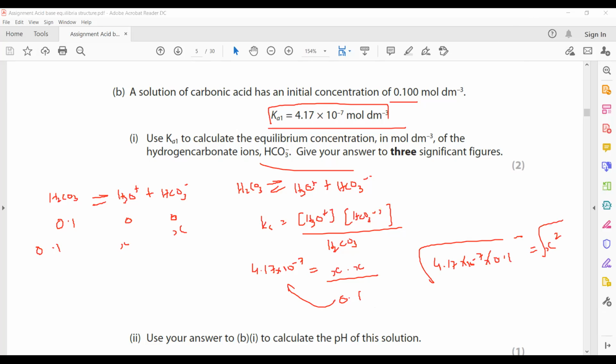The concentration x is basically the concentration of hydroxonium ion and HCO3- ion. Both have the same concentrations. The value of x is 2.04 × 10^-4, and that is the same for the hydrogen ion concentration and the hydrogen carbonate ion concentration.